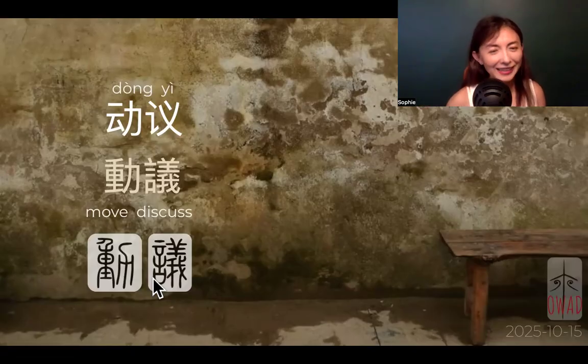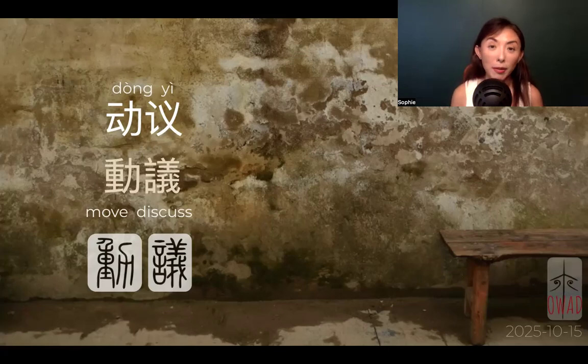These two Chinese characters, Japanese scholars picked to express motion. So what is a motion? Motion is, in a democracy, people gathering together to talk about things. And to start a motion is almost like starting a topic, starting a discussion.